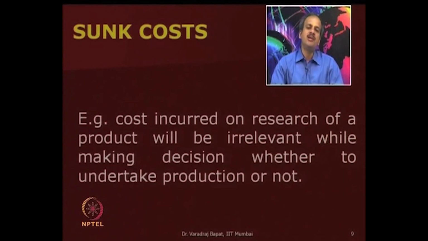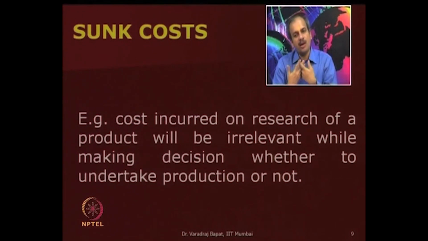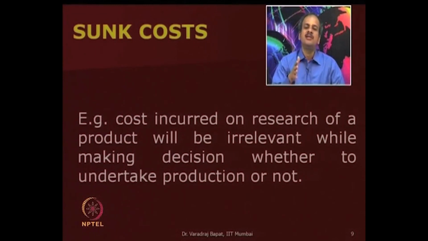Here is one example: cost incurred on the research of a particular product. We might have incurred a lot of cost, done very high quality research and come out with a particular product. Now, whether to launch it or not, we have to decide. For such a decision, it is immaterial how much we have spent.